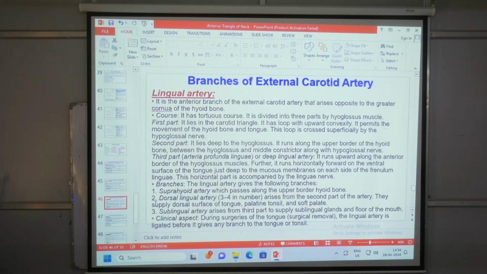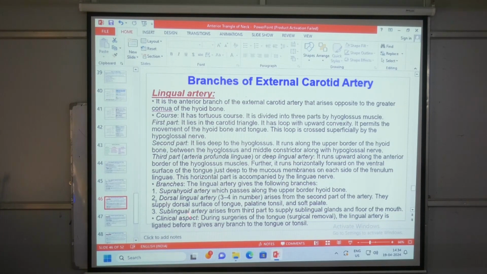What are the branches? It gives suprahyoid artery, dorsal lingual arteries, sublingual artery. Suprahyoid artery passes along the upper border of the hyoid bone. Dorsal lingual arteries, 3 to 4 in number, arise from second part of the artery and they supply the dorsal surface of tongue, palatine tonsil and soft palate.